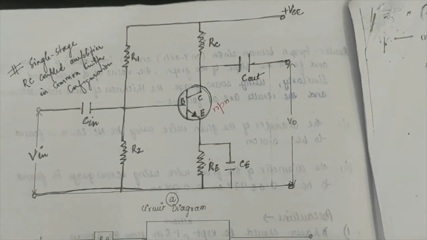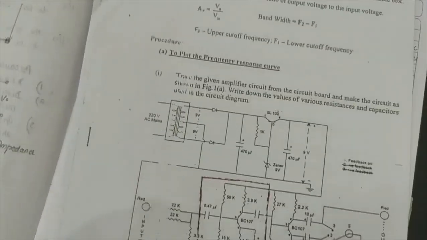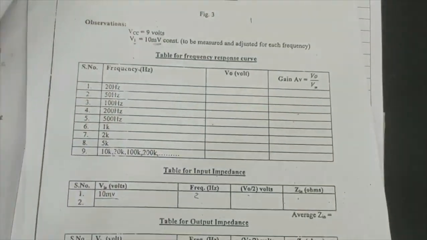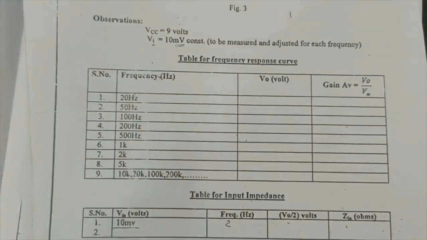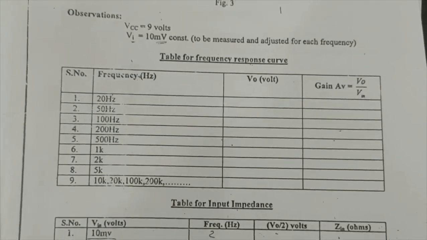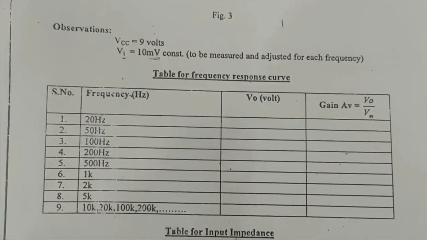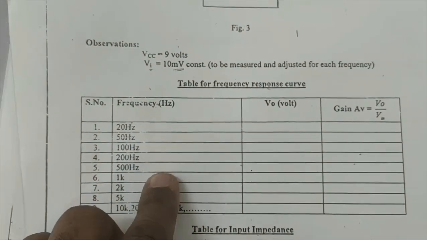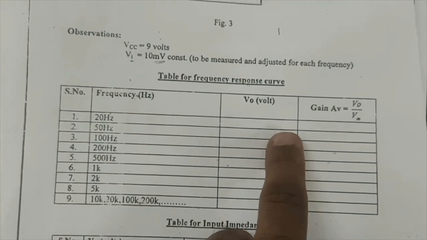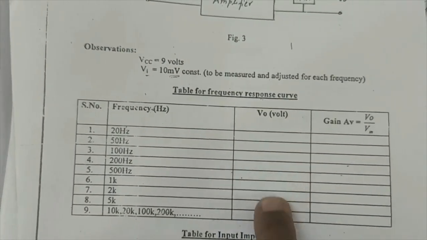Now based on this, let's see the observation table. The first observation table is for the frequency response curve. Here you can see we have to change the frequency and note the output voltage.